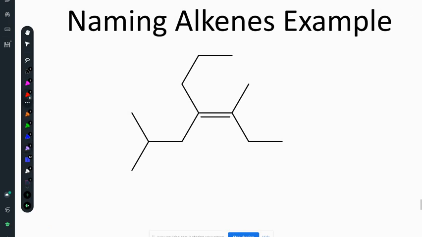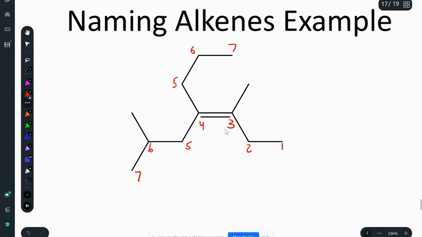So first thing, I'm going to want to find the longest chain that includes the double bond. And the longest chain that I can find would be 1, 2, 3, 4, 5, 6, 7. You might say I could also have gone this way and had a 7-member chain.